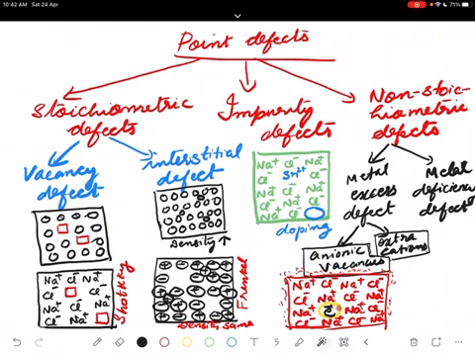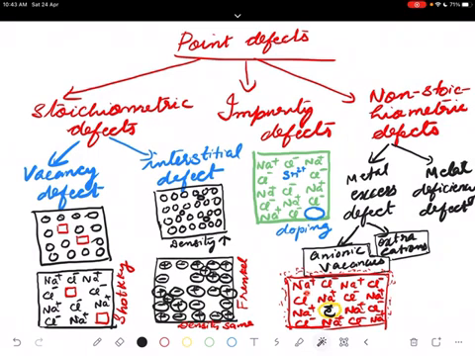Anionic sites occupied by these electrons are called F centers, which impart the color to the crystal. So that's about metal excess defect due to anionic vacancies. These anionic vacancies impart yellow color to NaCl, violet color to KCl and pink color to LiCl.